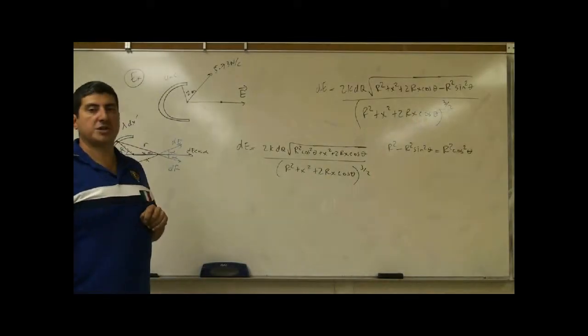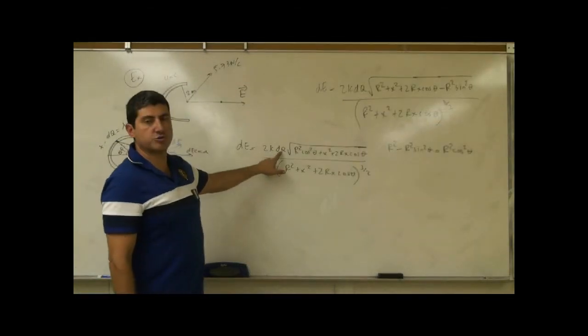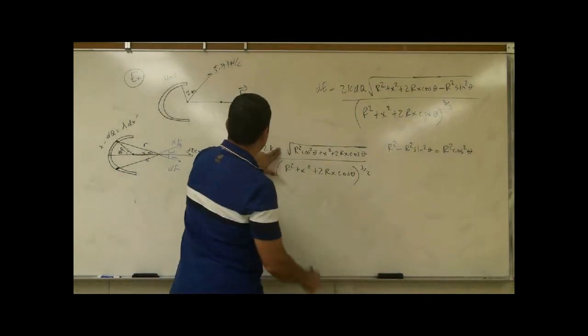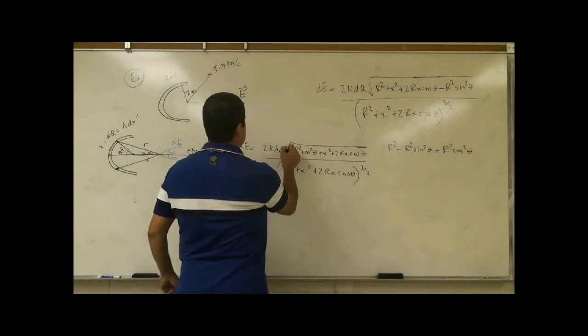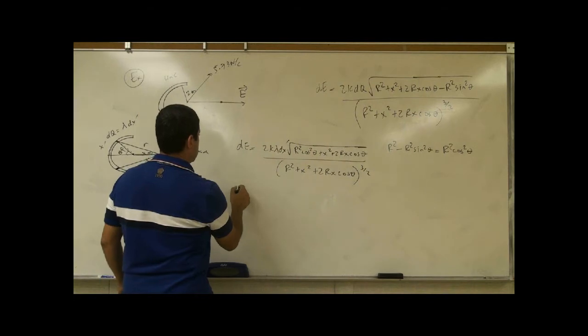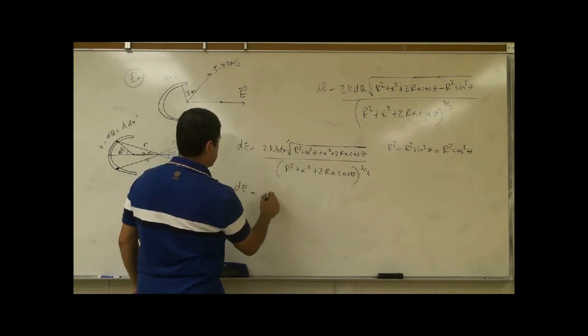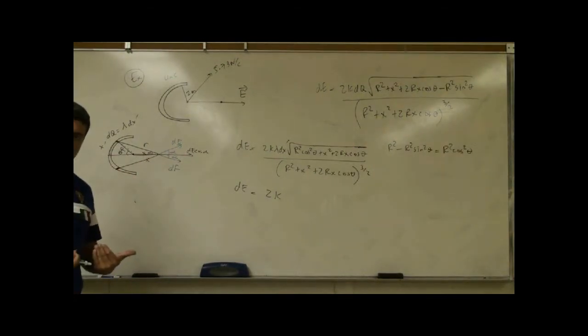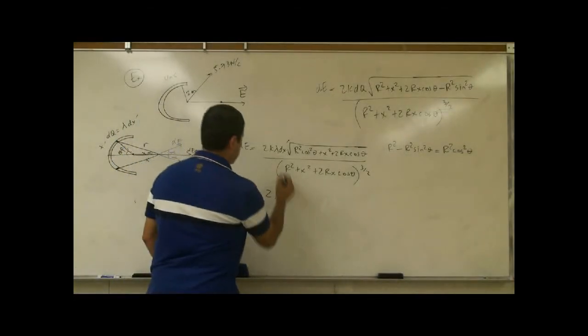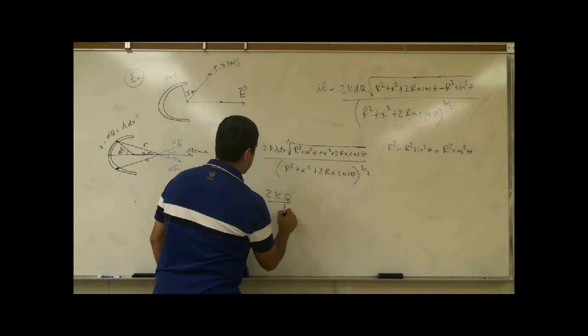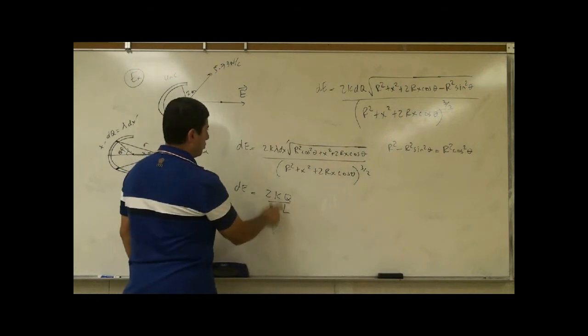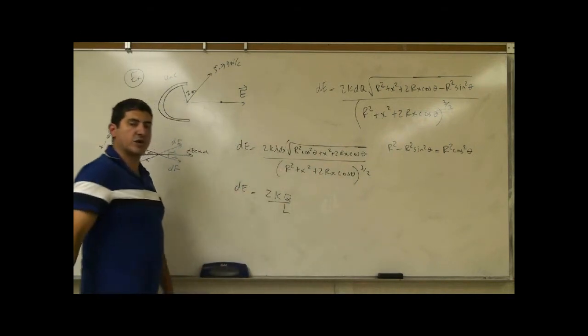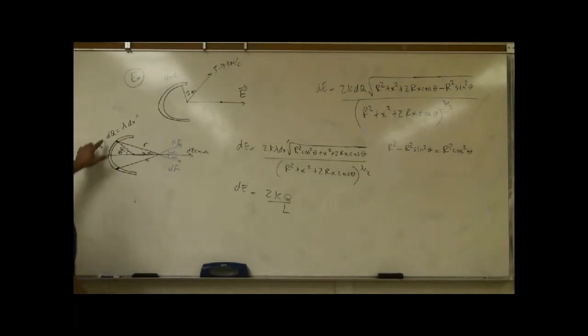Now we can integrate this. dq is equal to lambda dx prime. 2k lambda comes out of the integral if it's a uniform charge density, so it just becomes 2kq over L. dx prime is what?